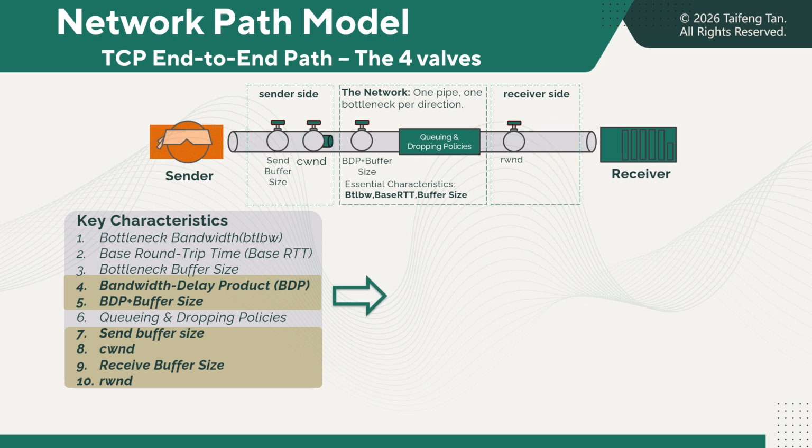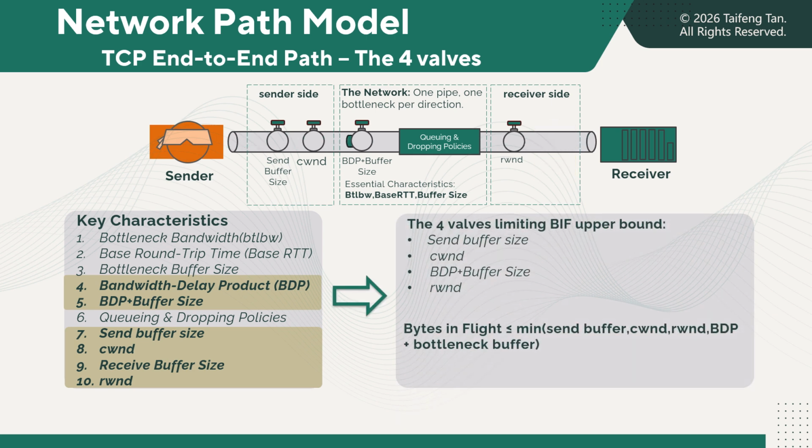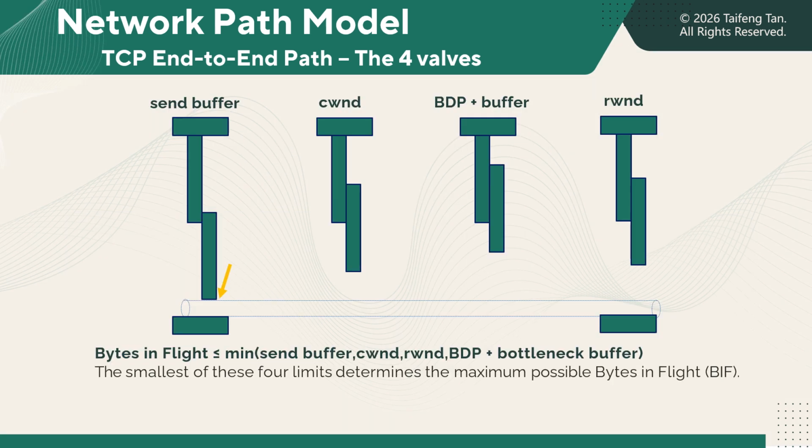Bytes in flight is less than or equal to the minimum of four things: send buffer, congestion window CWND, receive window RWND, and network queue capacity, which is approximately BDP plus bottleneck buffer. These four limits act like valves along the end-to-end TCP path.